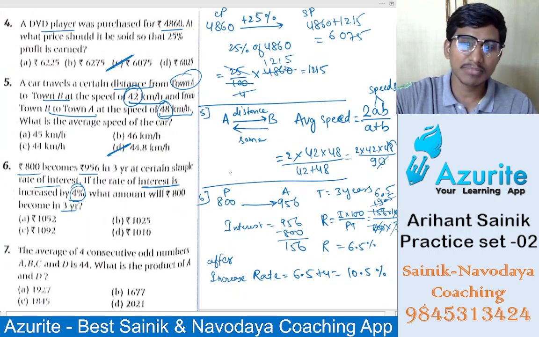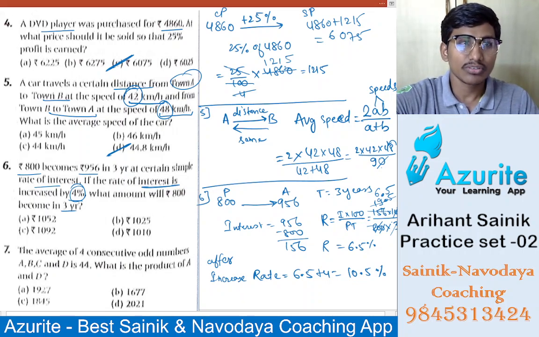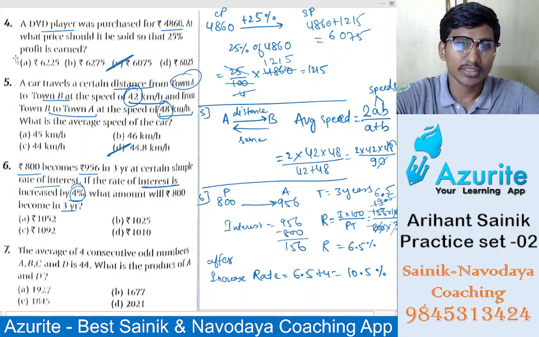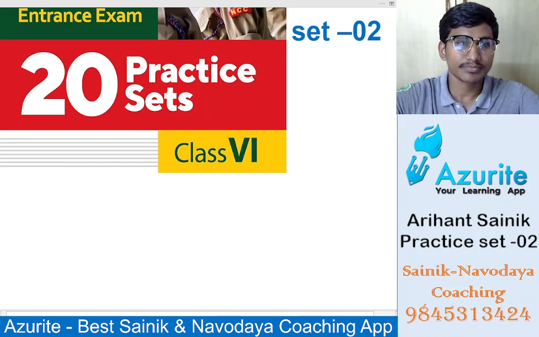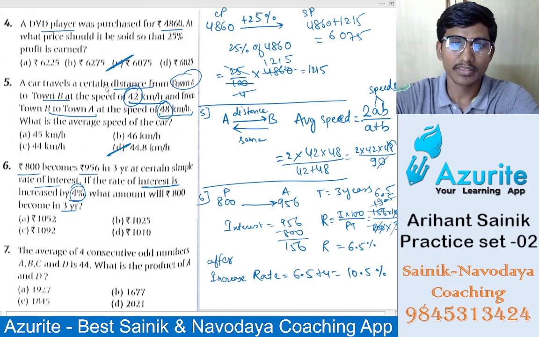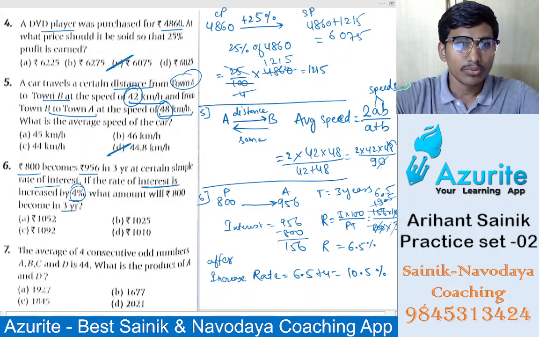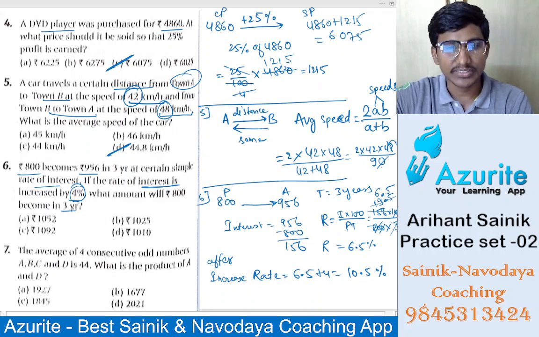If it became 10.5, what will be the amount you will get, right? What amount will 800 become in 3 years?